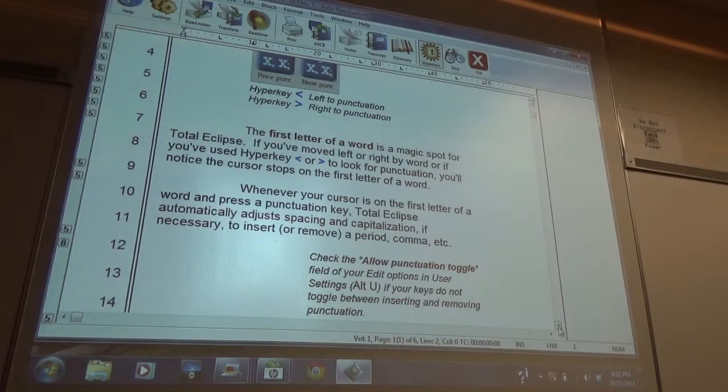Whenever your cursor is on that letter of a word and you press a punctuation key, Total Eclipse automatically adjusts spacing and capitalization. So it already knows. If you want to put a period there, it already knows: put the period, space, space, cap the next word. Okay? So it already does it. You don't have to worry about doing it.